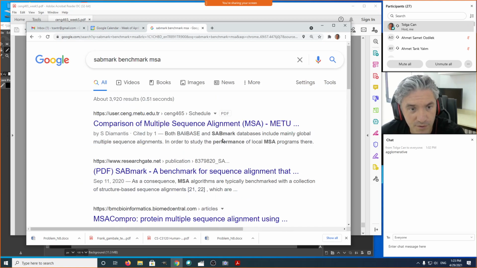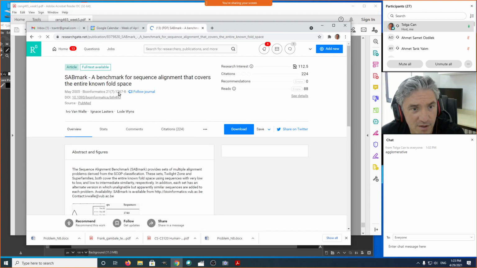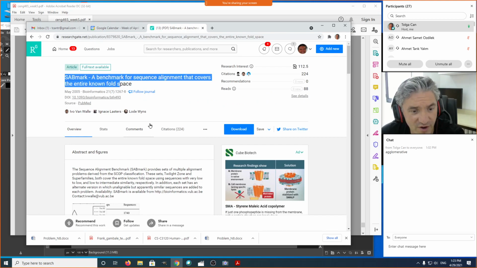Oh, the first thing that comes up is our class webpage. So, wow, this is a benchmark for sequence alignments that covers the entire known space. It was a 2005 paper.